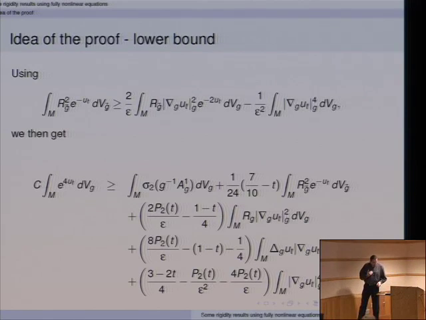Okay, the story is that if T is bigger than 2/3, this will become negative.